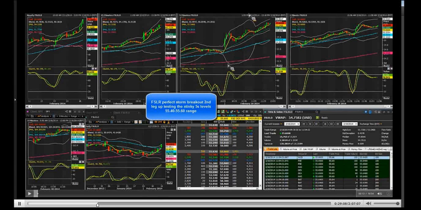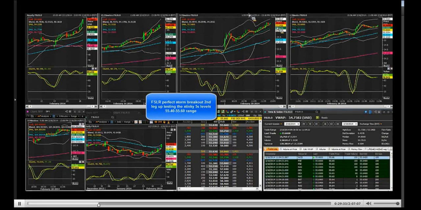Now, I also teach about the stinky fives level, so that's going to be that 54.50 plus or minus 10 cents. So 54.50, 54.60 stinky fives area. That's where it's got to climb out of to start to get the next move. And then up here, 55.50 plus or minus 10 cents, and that's going to give you 55.60, 50, and 40 as your stinky fives levels on the 55 level.